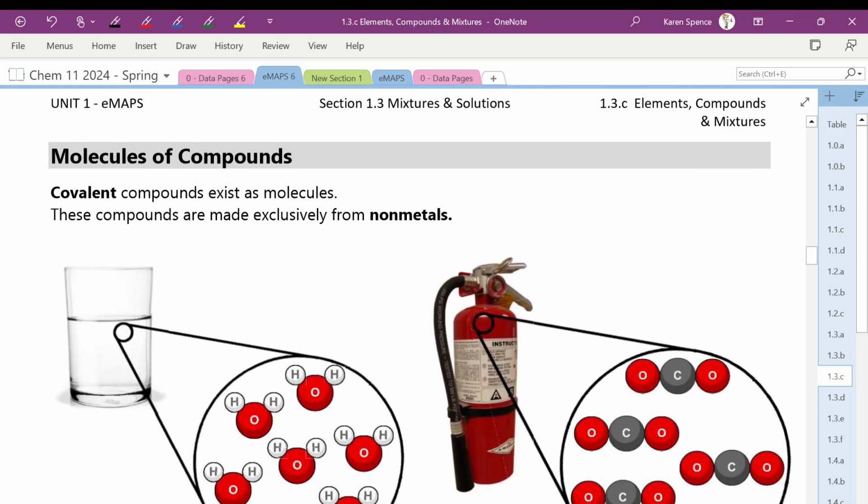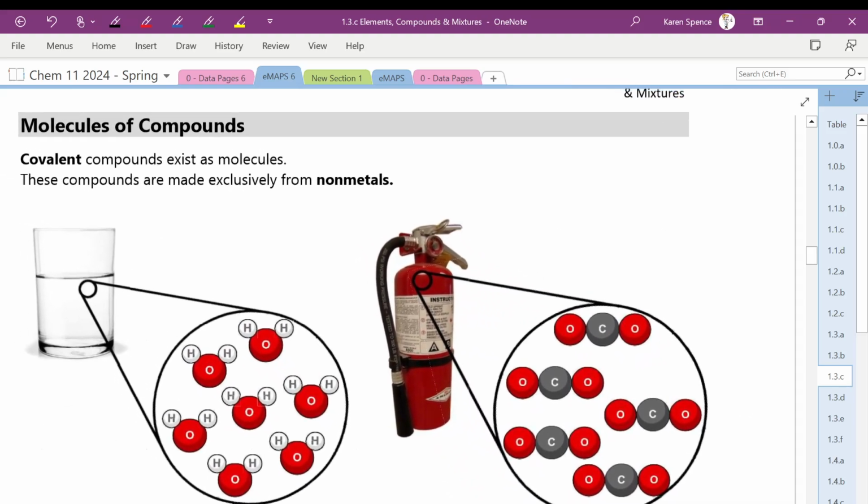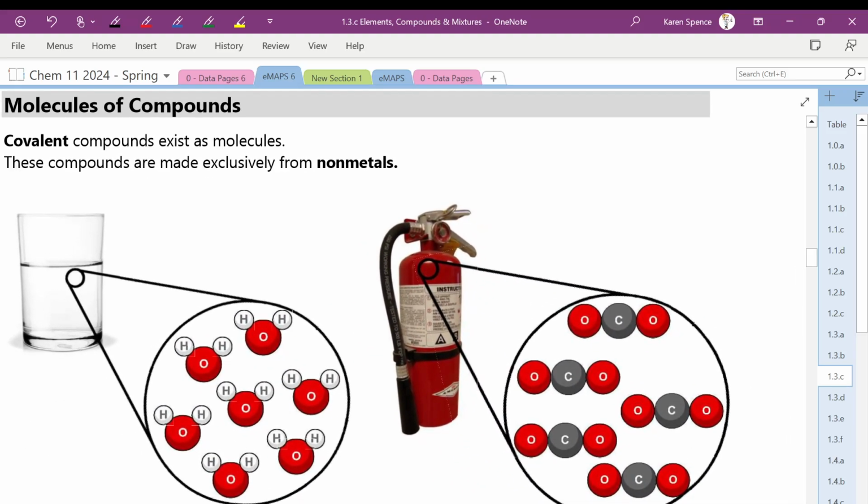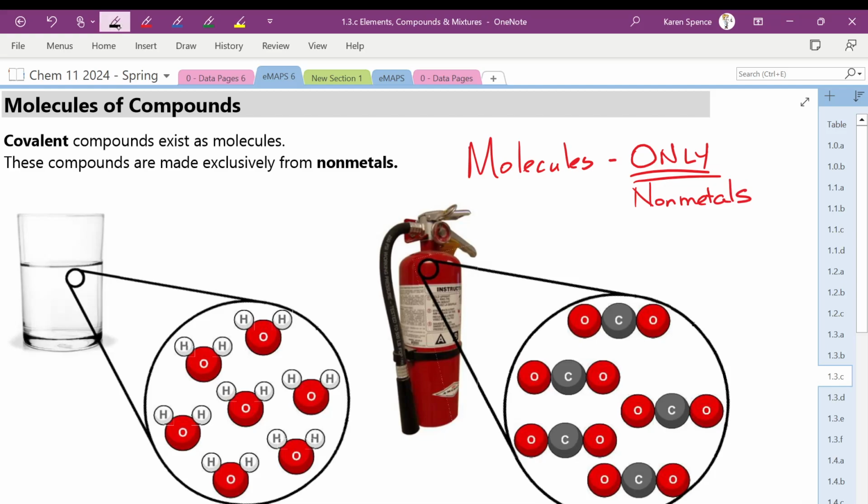Molecules of compounds. So here are some molecules of compounds. Molecules are made only from non-metals. What kind of bonds are there then, if they're only made from non-metals?